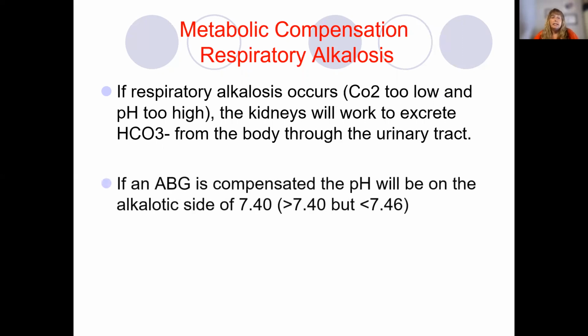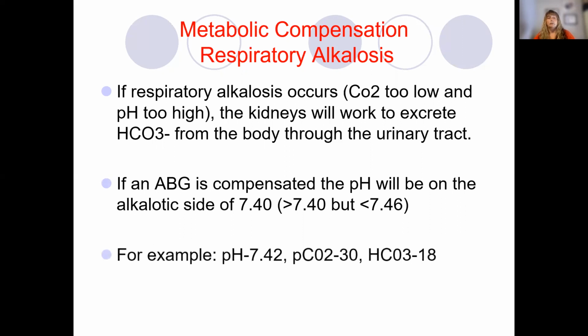If the ABG is compensated, the pH will be on the alkalotic side of 7.40. So it's going to be greater than 7.40, but less than 7.46. So within the normal range. For example, a gas of metabolic compensation of a respiratory alkalosis would be a pH of 7.42, a CO2 of 30, and a bicarbonate of 18.